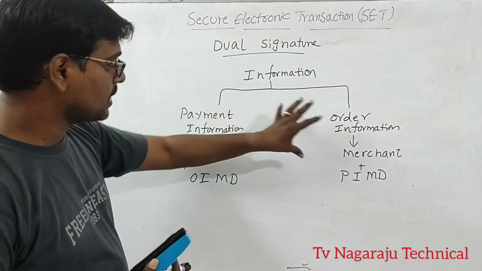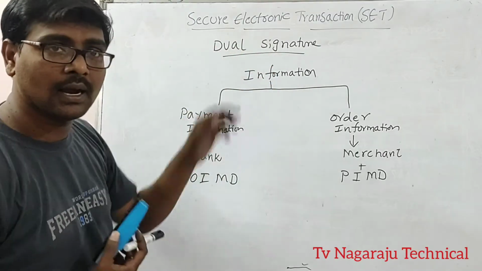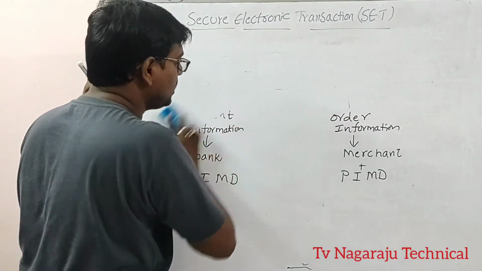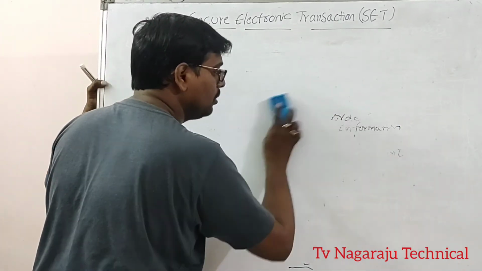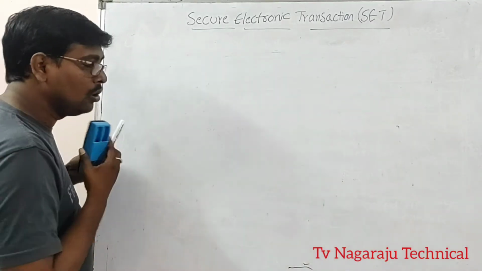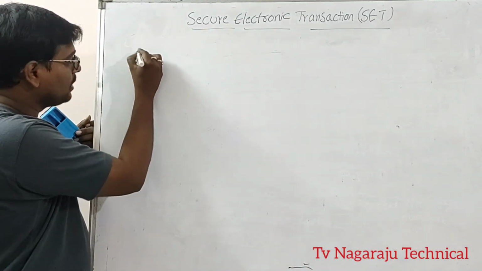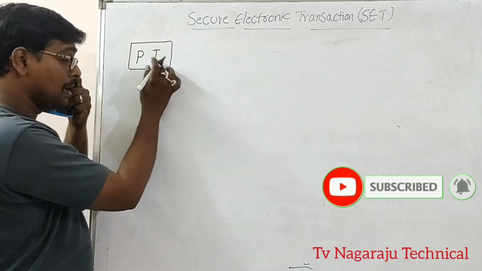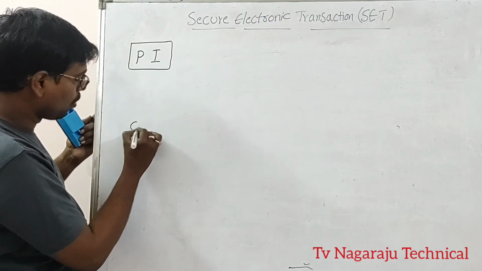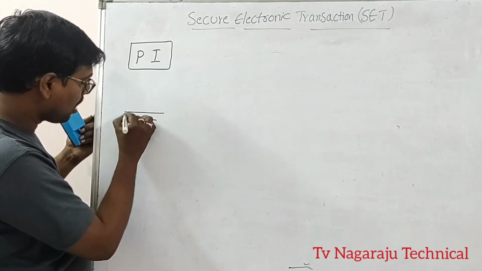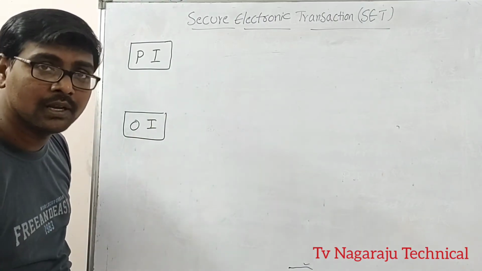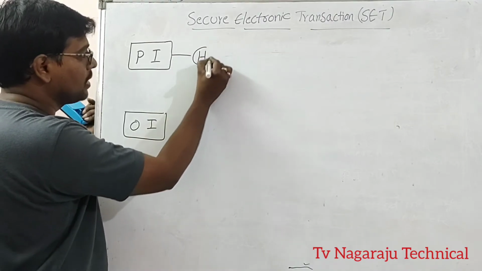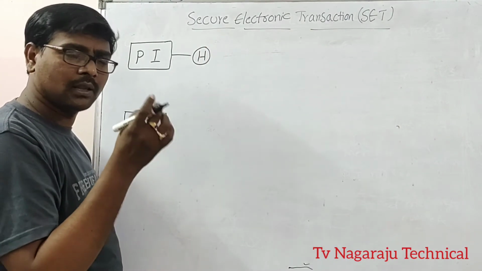Now, once you know this type of information, I am moving to the concept of dual signature. How is a dual signature generated? Very simple. Right now, you know the two pieces of information. One is PI. What is PI? PI means payment information. OI means order information. Payment information, order information. Now apply hashing, either SHA algorithm or HMAC algorithm, anything.